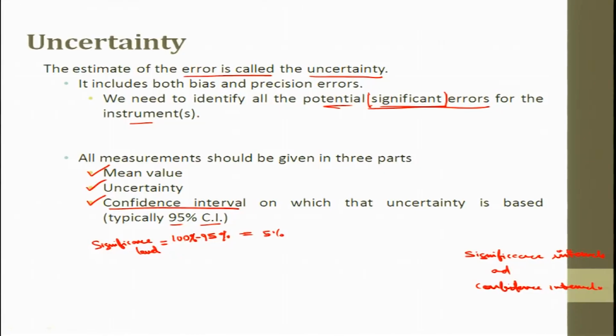At 99% it cannot be. We will discuss this when we draw the normal curve. So, uncertainty has certain characteristics. It can be given in absolute terms or relative terms.